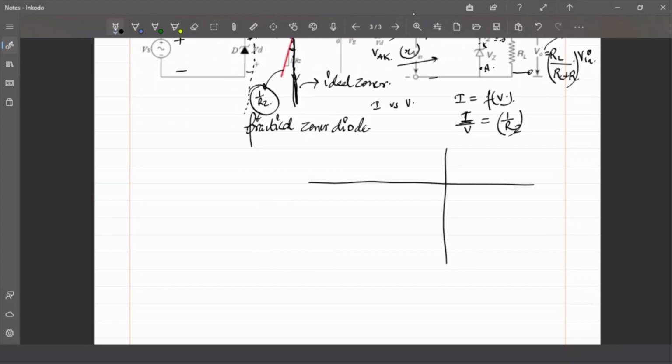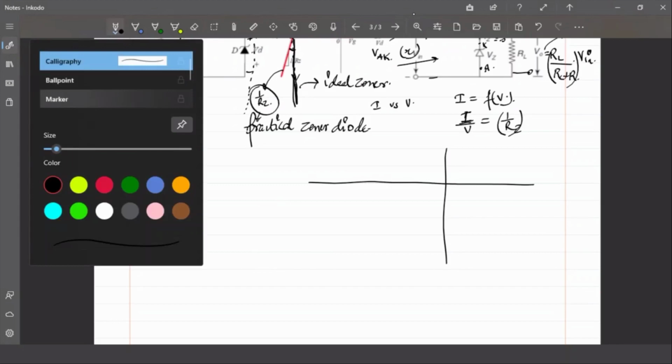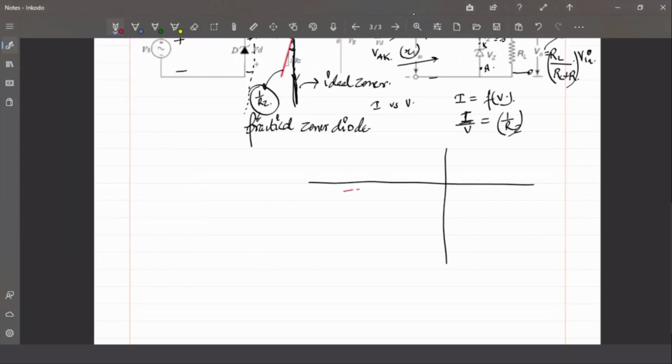So your characteristics are like this. This will be the current ID versus VAK, anode to cathode voltage. In the reverse bias condition, this is how the characteristics is.